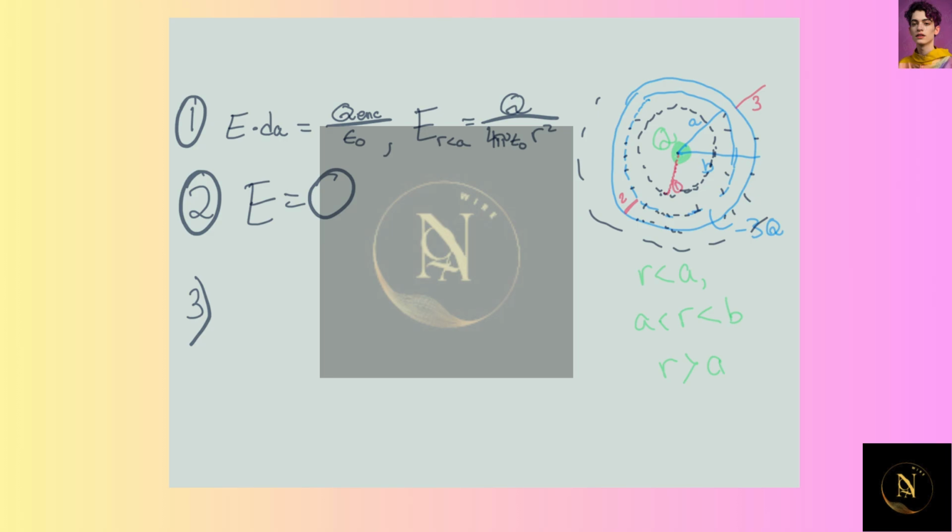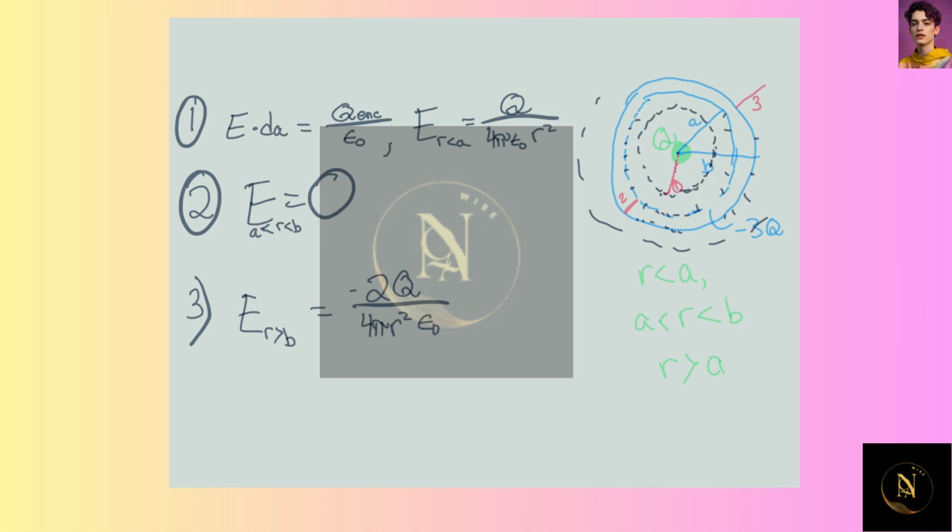We still have the spherical symmetry, so E dot dA is just E times that surface area. For r greater than B, my electric field equals negative 2Q divided by the area of our Gaussian surface, 4 pi r squared, times epsilon naught.